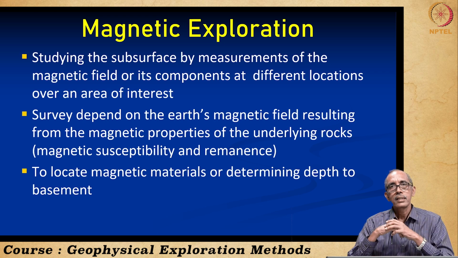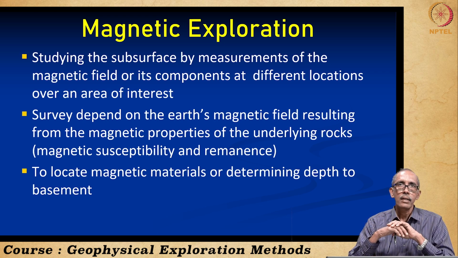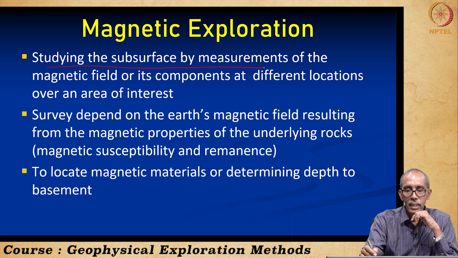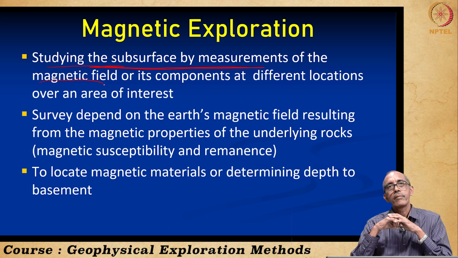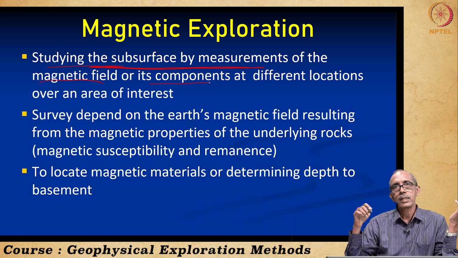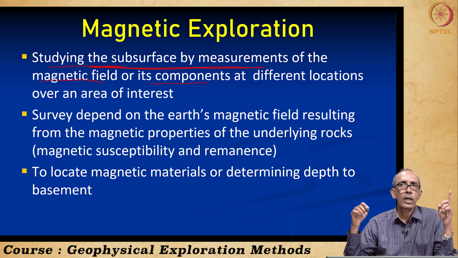Now, after seeing some introductory aspects, let us move on to magnetic exploration. In magnetic exploration, we are going to study the subsurface by measurements of the magnetic field or its components. We have seen 5 components on the previous slide. You can measure 2 or 3 components or just one.